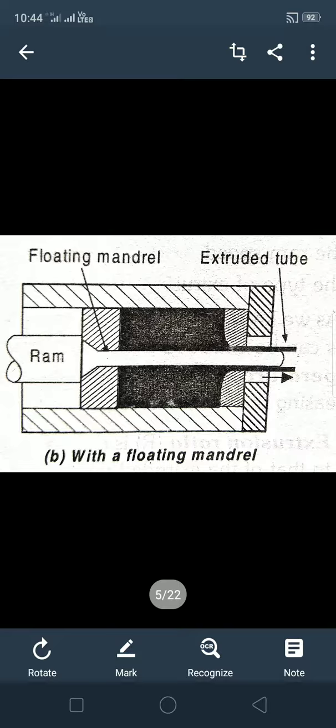Thickness may vary with the fixed mandrel, but with the floating mandrel it adjusts itself with the die hole, so production of tubes is more accurate.